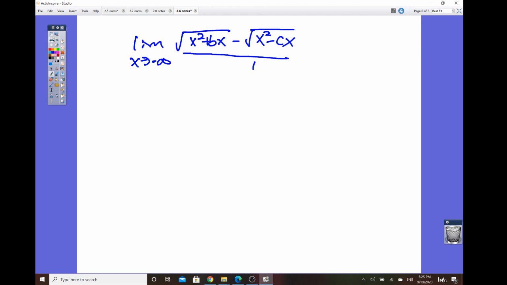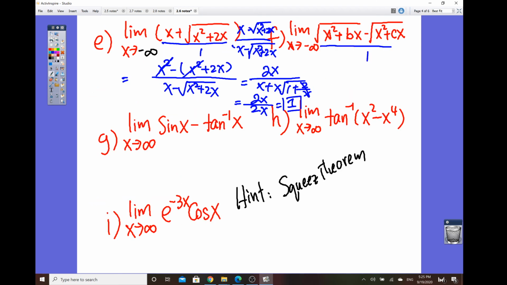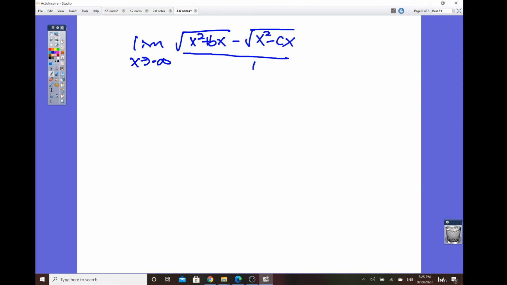Okay, making sure that this one is plus cx, excuse me. So conjugate, top and the bottom. So this one, we multiply by square root of x squared plus bx plus square root of x squared plus cx. Denominator, same element, conjugate.